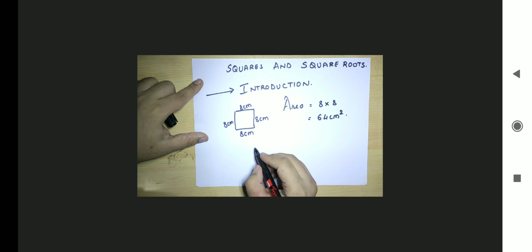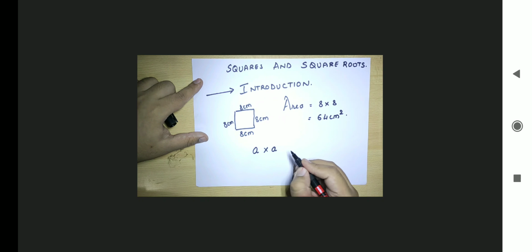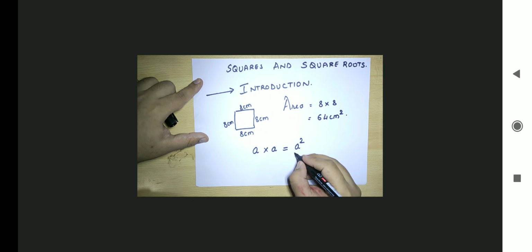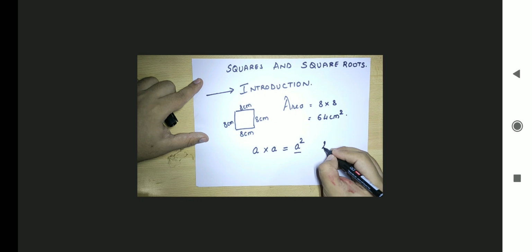So whenever you multiply a number by the number itself, you get a square of that number, a squared, where a is the number and 2 is representing the square.